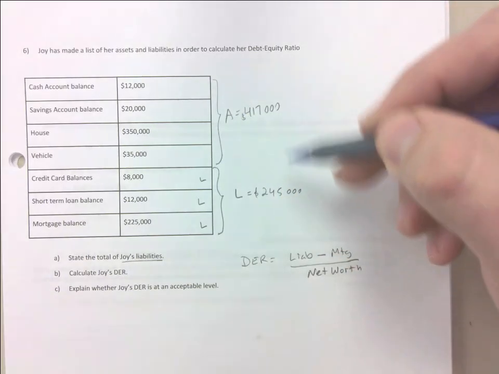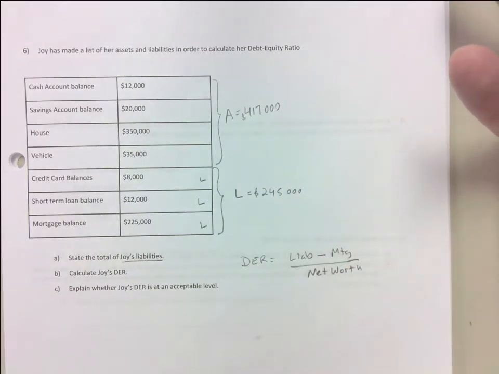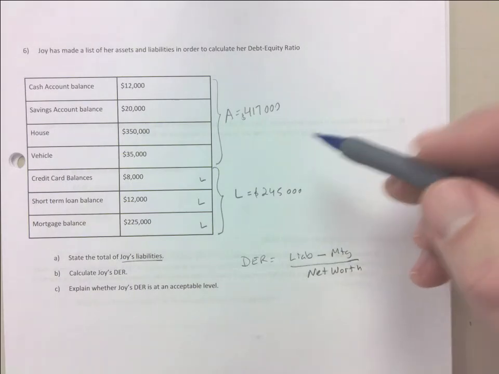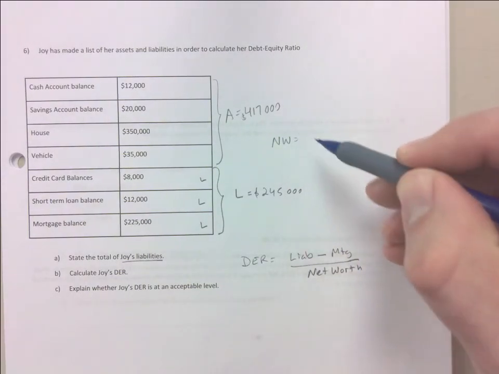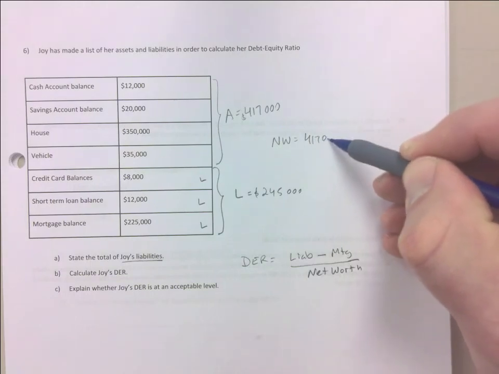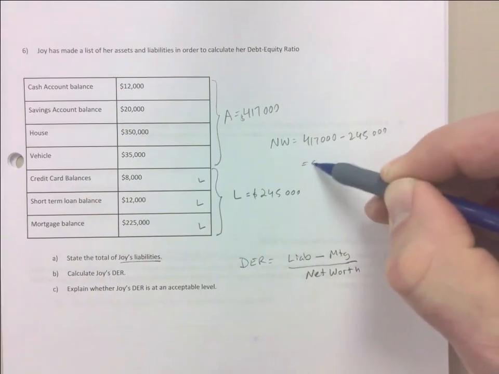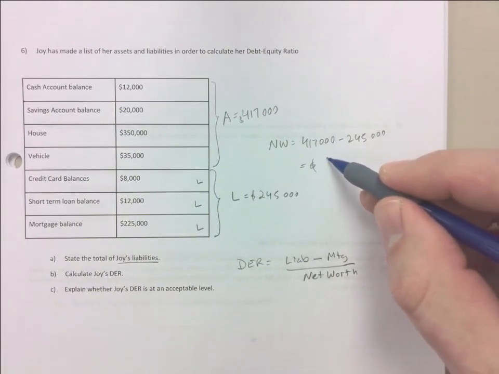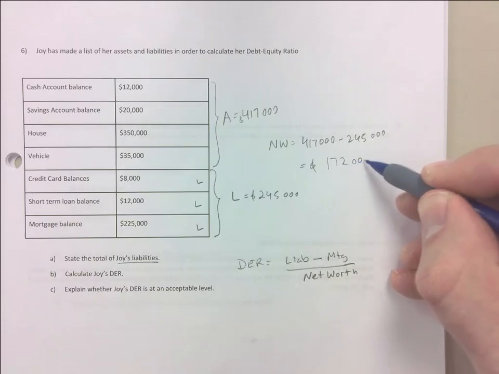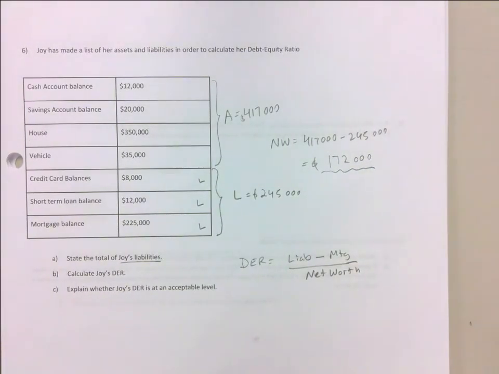I need to know my assets for net worth purposes. Okay, so net worth is simply 417 minus 245. So if you subtract them, you have a net worth of 172,000. So this is definitely something I need to come up with a debt equity ratio.